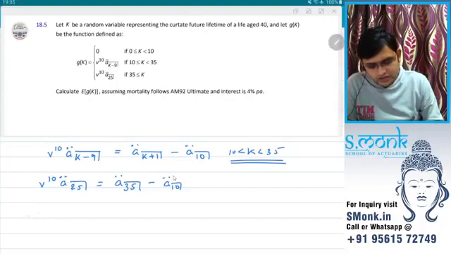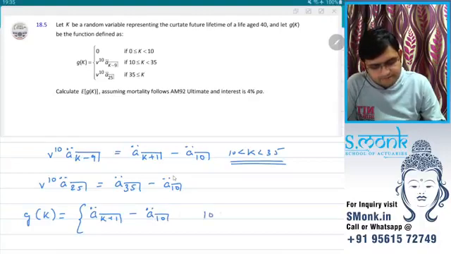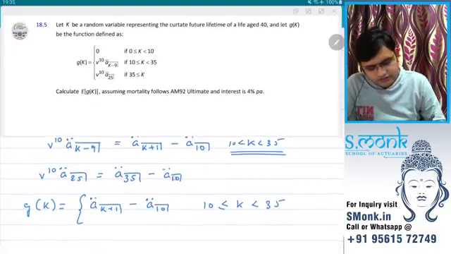So I'll say gk will be equal to a due k plus 1 minus a due 10 for 10 less than or equal to k less than 35.